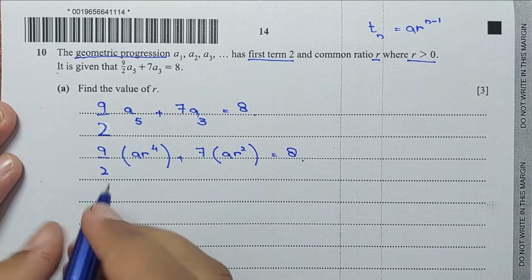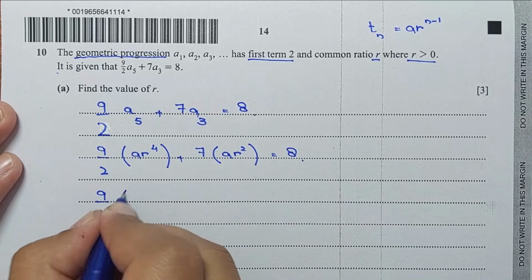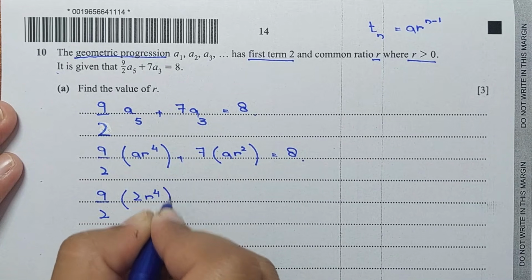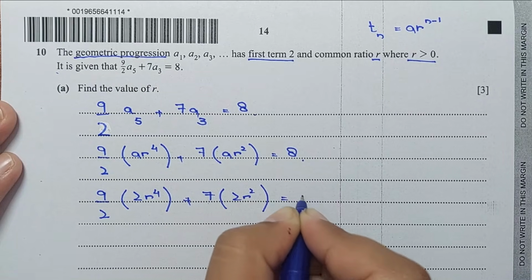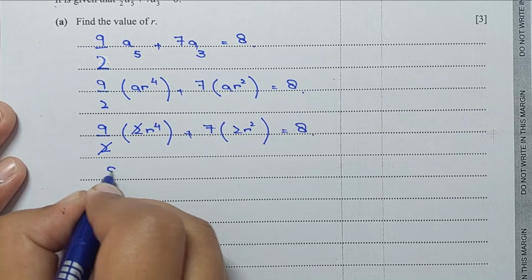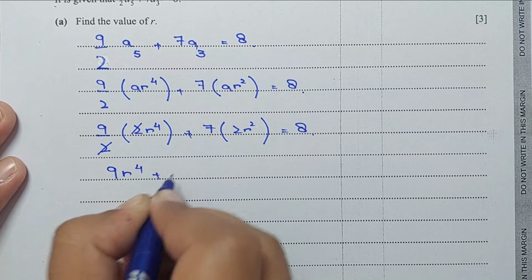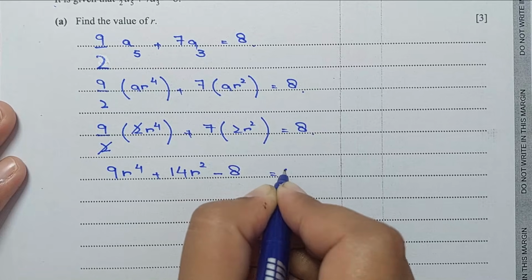Let me solve for the r value. 9 over 2, the first term a value is 2. So 2r to the power 4 plus 7, 2r square equals 8. So this 2 and 2 cancel out. 9r to the power 4 plus 7 times 2 is 14r square minus 8 equals 0.